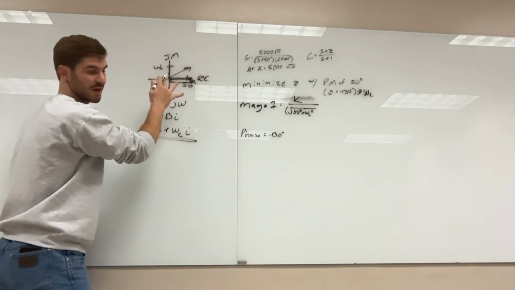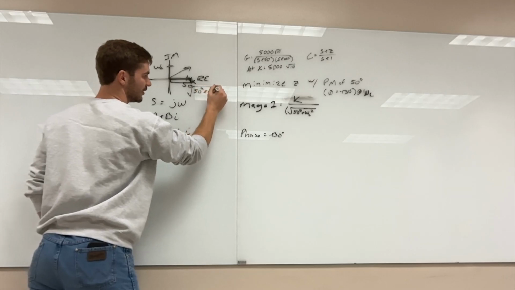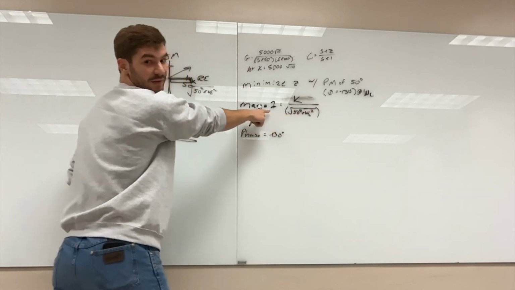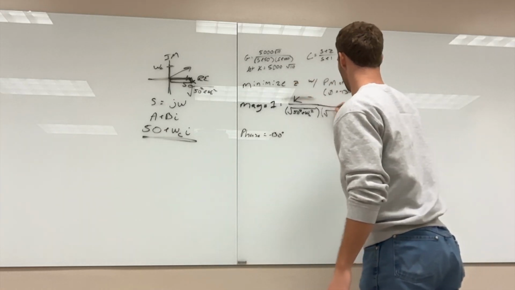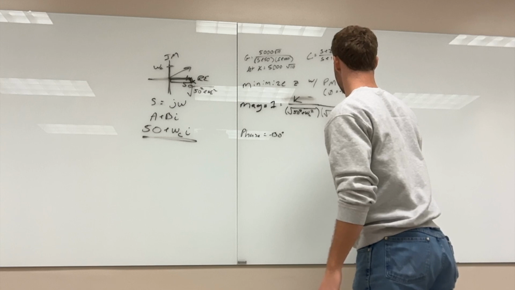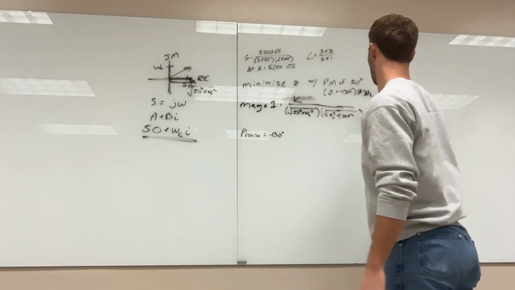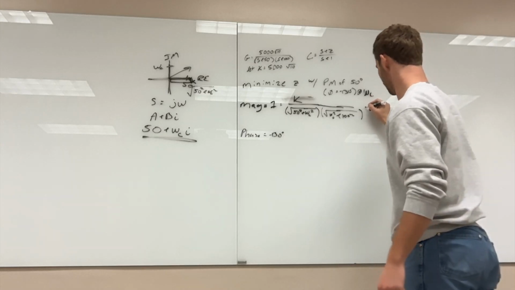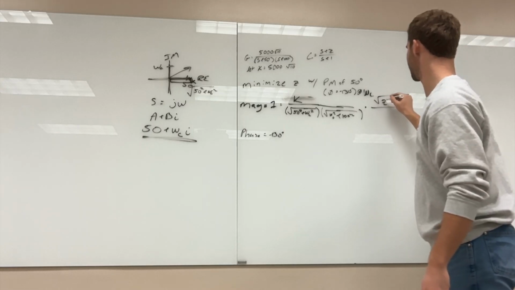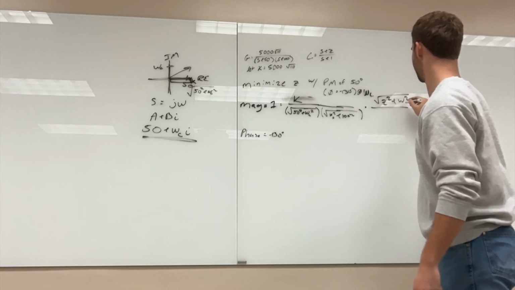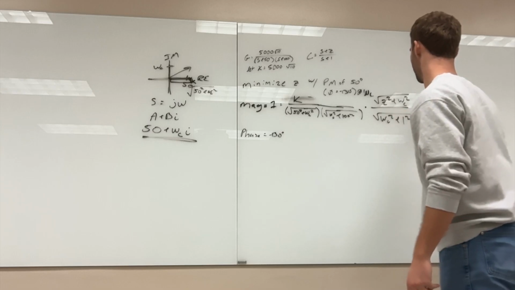If I want to know the magnitude of that vector, it's just the square root of the sum of its sides squared: 50 squared plus omega c squared. That's why this is right there. We'll continue and go to the root of omega c squared plus 100 squared. And then finally, we can multiply that by the controller, which would be the root of z squared plus omega c squared over omega c squared plus 1 squared.